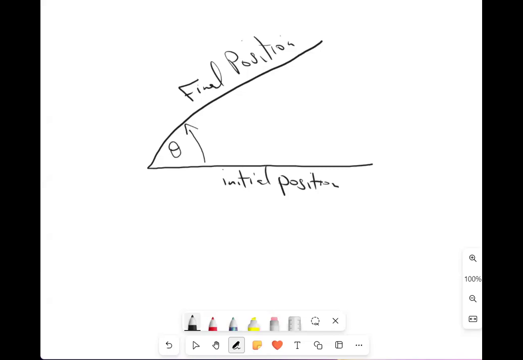So then you hear theta. Those are Greek letters that can be used. You hear about alpha, you hear about beta, those are all Greek letters that they would use to represent angles. So that's another way that an angle can form, where you have a line at a particular position, then it's rotated anti-clockwise.